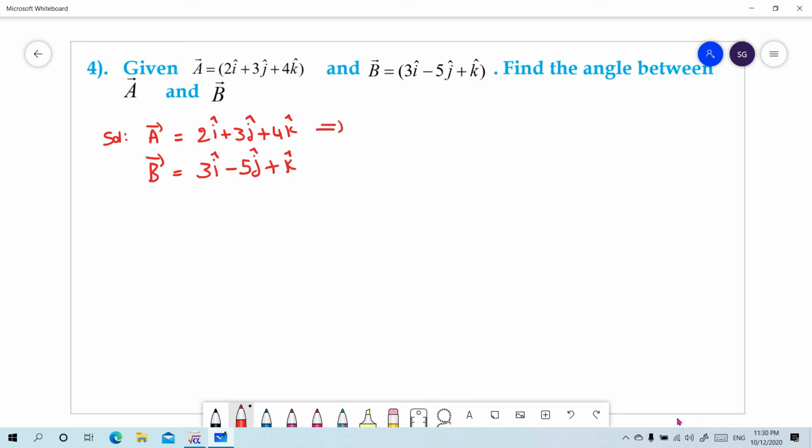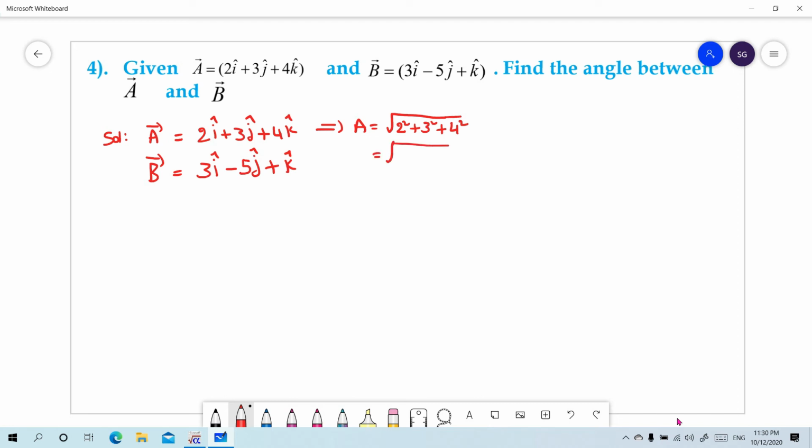So we require the magnitude of a bar, that is a. Magnitude of a bar is equal to a. So a is equal to root of ax square plus ay square plus az square, the formula. So a is equal to root of 2 square plus 3 square plus 4 square.